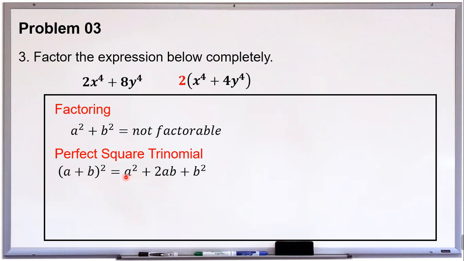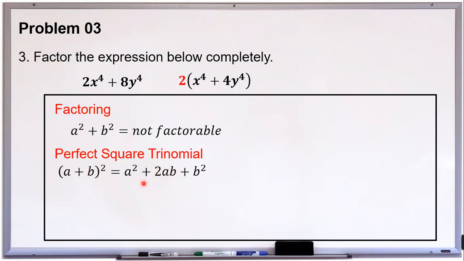Again, the resulting expression is a trinomial because it comprises three terms. Now, to get the middle term, simply multiply the two terms in the given binomial, so you have a times b, and that is ab, and then multiply the product by the exponent 2. That is why you have 2ab.